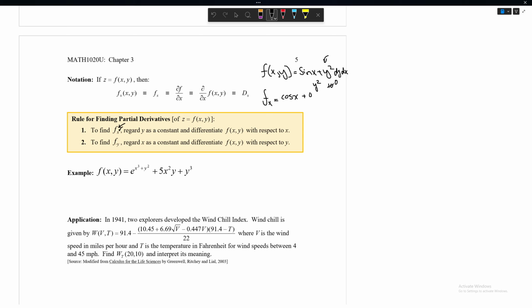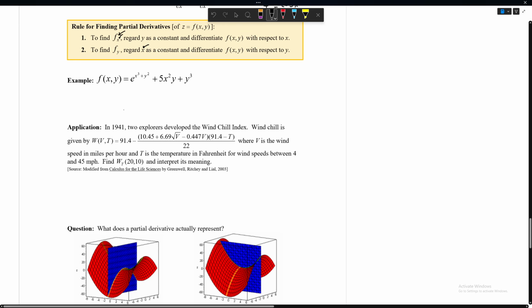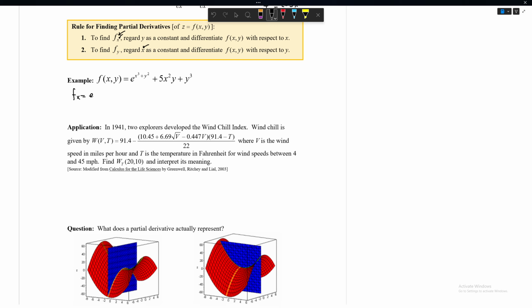Same thing for y: you would regard x as a constant and differentiate in terms of y. So if we take this and differentiate in terms of x, we get e to the x^3 plus y^2. This stays the same for Euler, and you multiply by the derivative of the exponent.